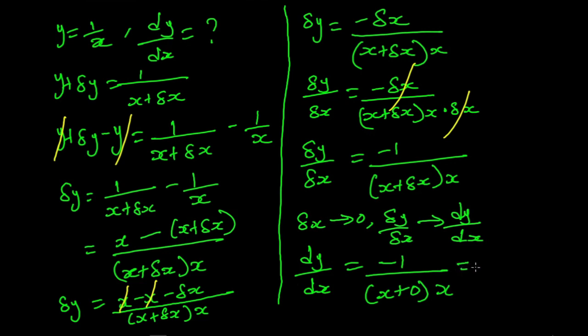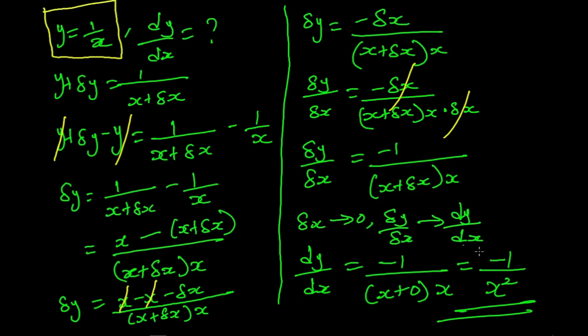That means dy over dx, which is the derivative of our function, is going to be negative 1 all over x plus 0, which becomes x multiplied by x. That is going to give us x squared. That means if y is given as 1 over x, then the derivative of our function is going to be negative 1 over x squared.